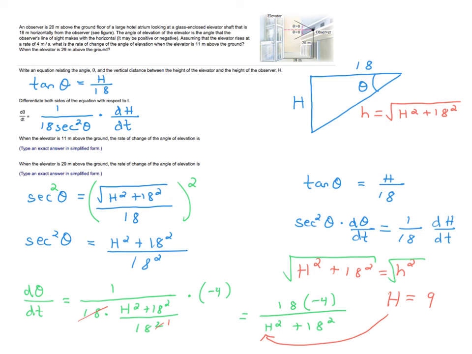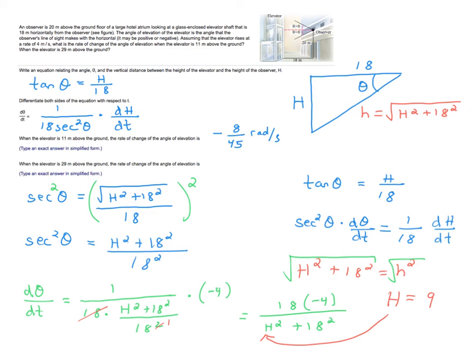I'm going to simplify this, and that is the answer to this part of the question. Okay, so after plugging h equals 9 into this expression and simplifying this fraction, I got the value negative 8 over 45, and that's radians per second.